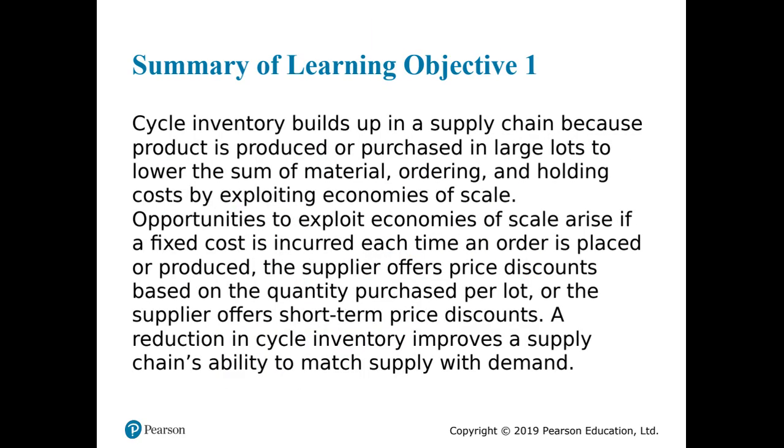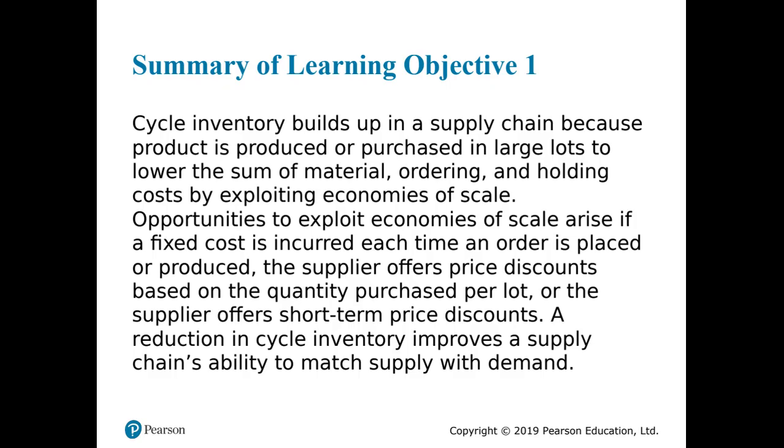Summary: cycle inventory builds up in a supply chain because product is produced or purchased in large lots to lower the sum of material, ordering, and holding cost by exploiting economies of scale.